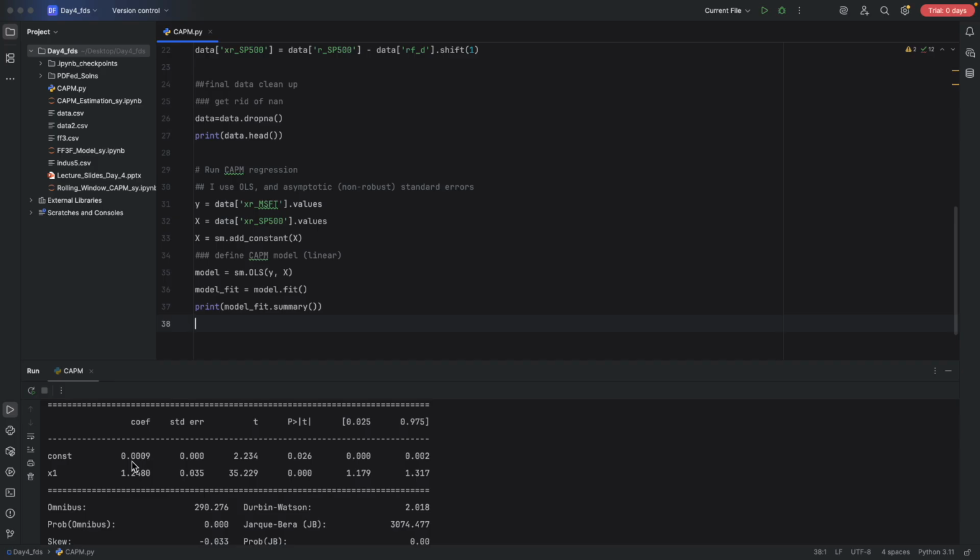You use the t statistic to test how many standard errors my estimator is away from 0. So I start with the hypothesis that the true alpha is 0. And now I see that if that hypothesis is true, then the realized alpha would be 2.234 standard errors away.